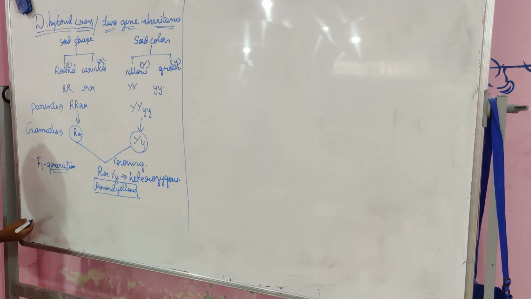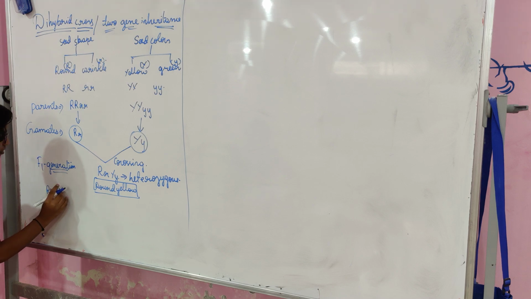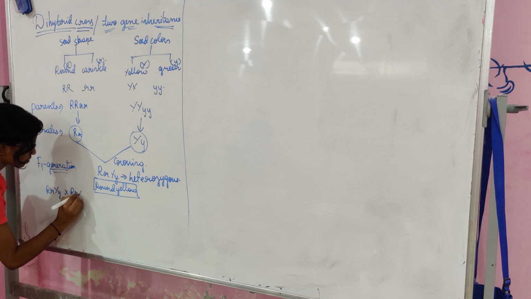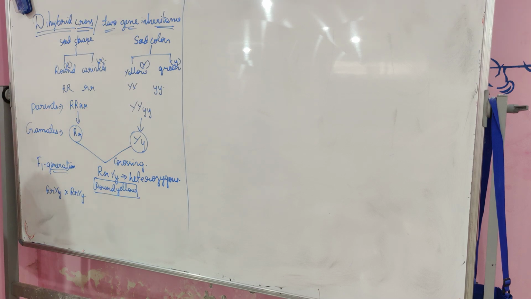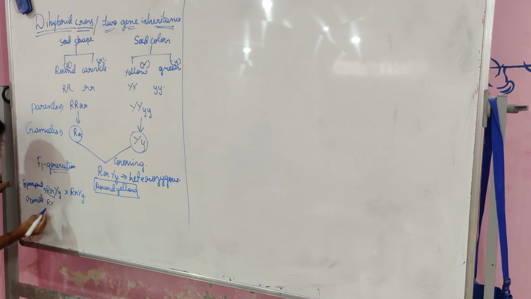Right. So crossing between this RrYy and RrYy. These are the F1 generation, the parents of the F2 generation. So the gametes will be RY, Ry, rY, and ry.